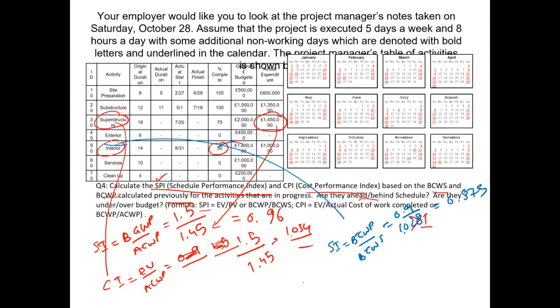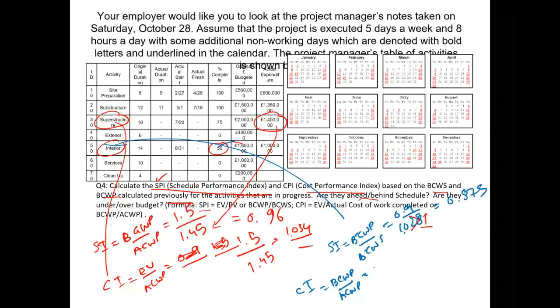And in terms of a cost index for this activity, interior, it will be calculated using the formula which is given, BCWP divided by ACWP, and the budgeted cost of work performed here in this example is 900k, and the actual cost of work performed is from here.